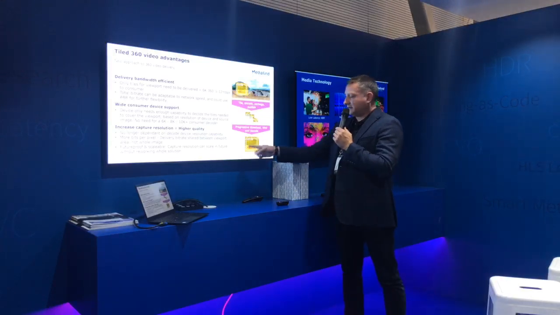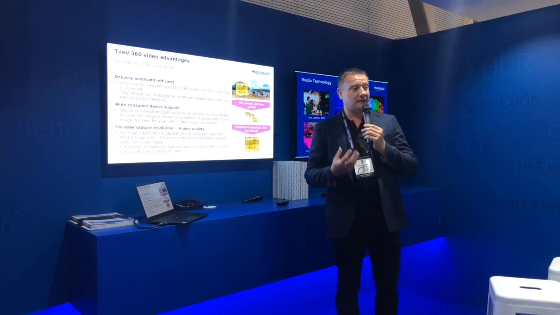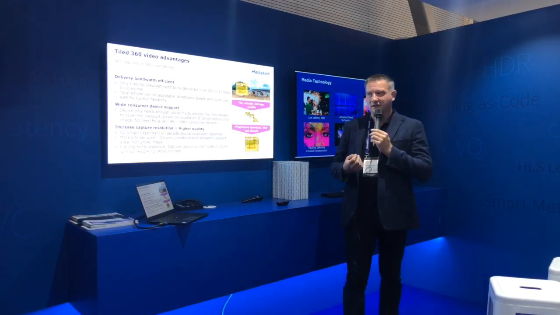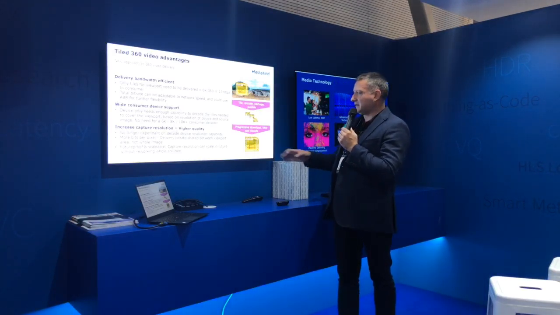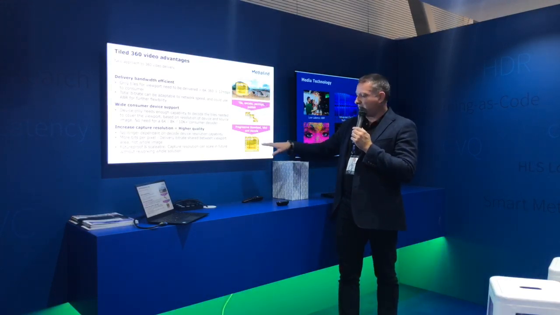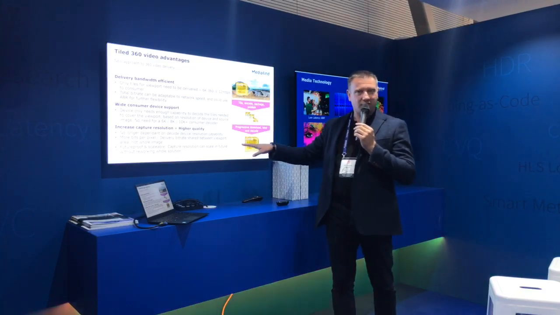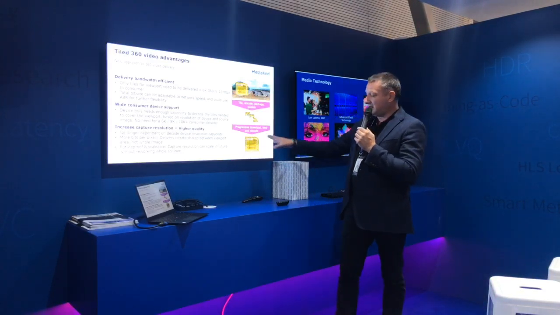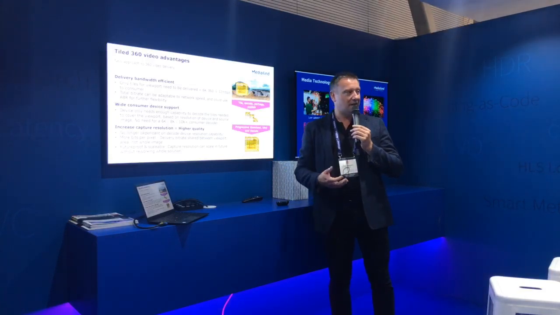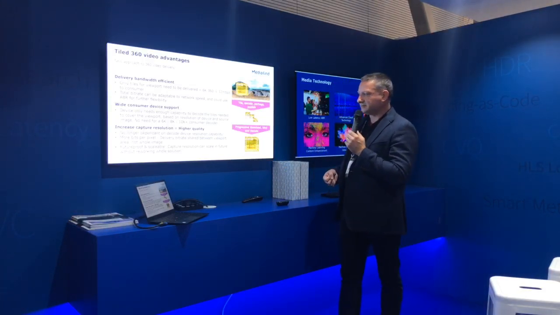Because we're only decoding enough tiles to fill the display capability of the consumer device, we can do a much higher resolution capture of 360-degree video and get much more compatibility with consumer devices, because the consumer device decode only needs to cover enough capability to decode the HD or better resolution to display on a local device.